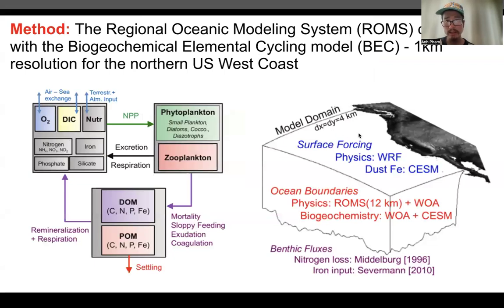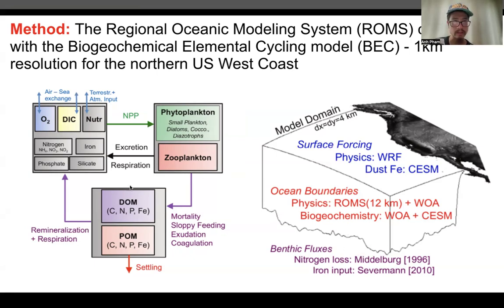On the right-hand side here is a schematic showing the model domain with information about surface forcing, ocean boundaries, and benthic fluxes. We have nitrogen loss to sediments following the approach from Middelburg 1996, and iron input from the benthic sediments following the approach from Sepperman et al. 2010.